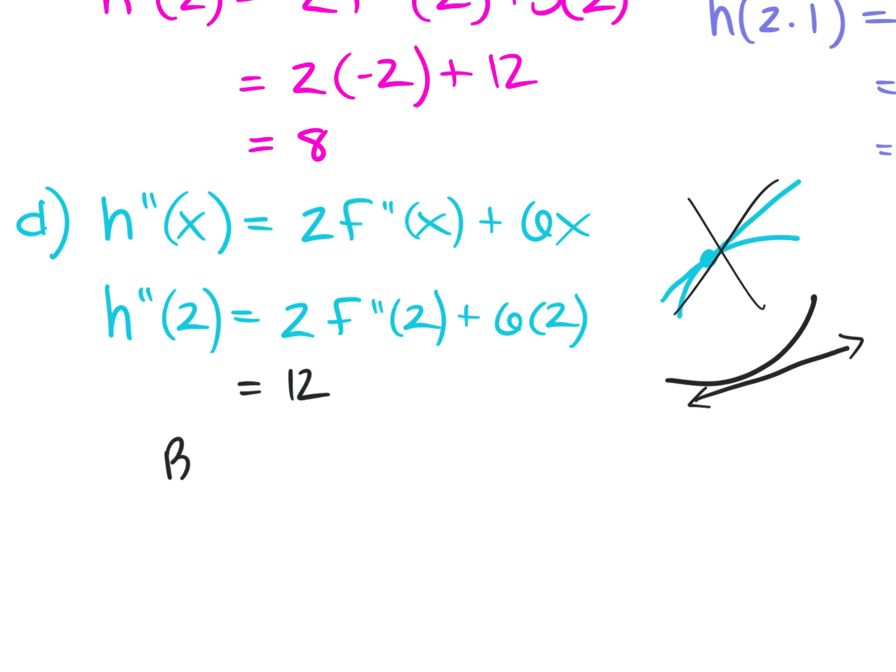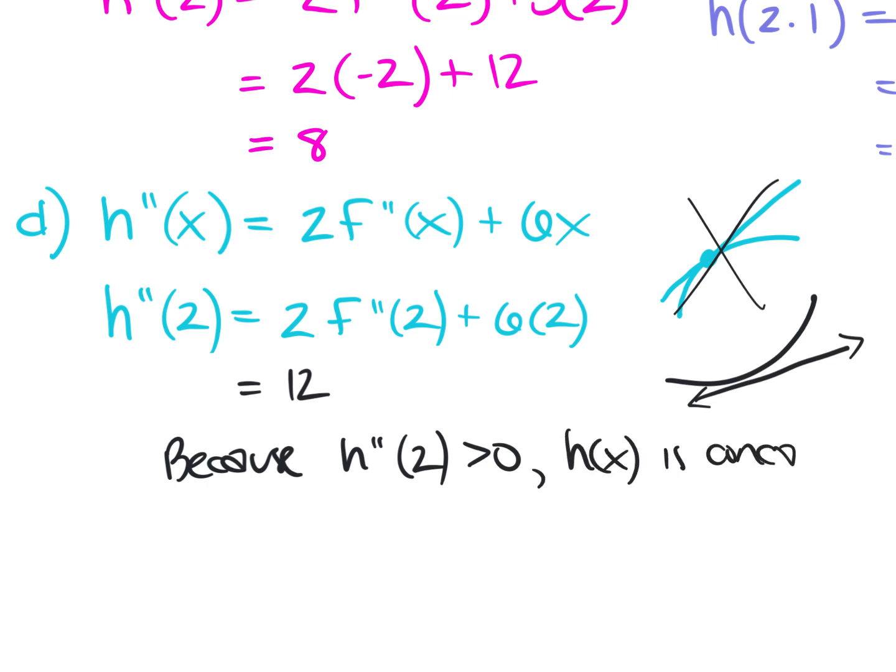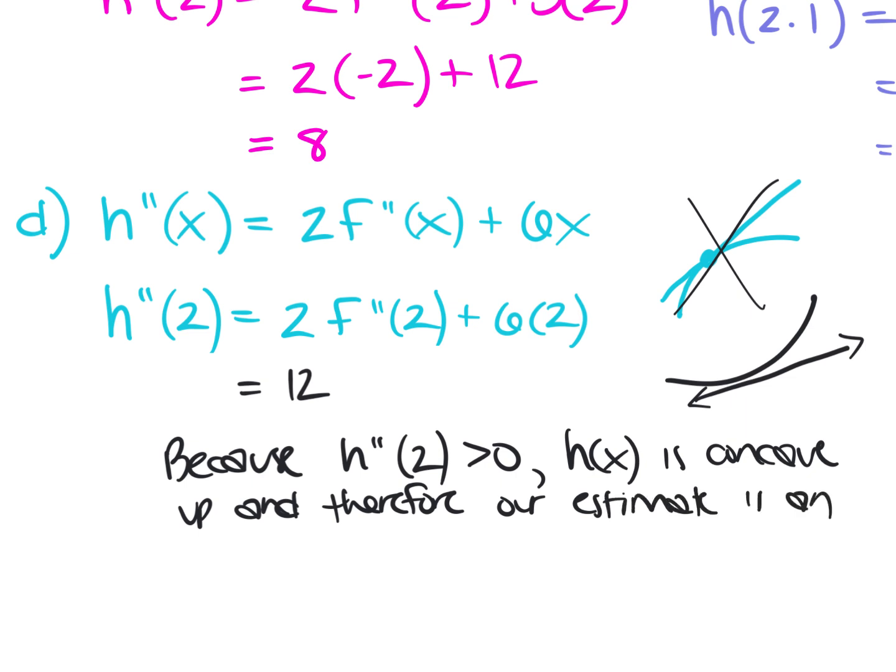So you would say because h double prime at 2 is positive, h of x is concave up, and therefore our estimate is an underestimate. Okay. Questions on that? All right.